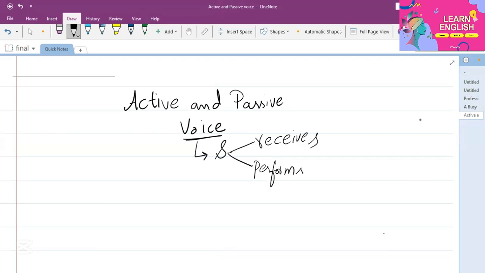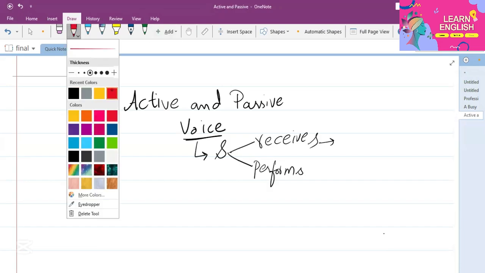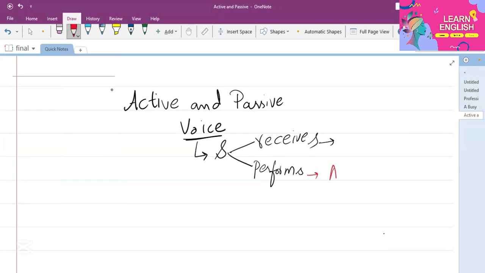If the subject receives the action, it will be in passive voice, and if it performs the action, it will be in active voice. Active and passive voice are essential in English because they help you emphasize different parts of a sentence, especially passive voice.